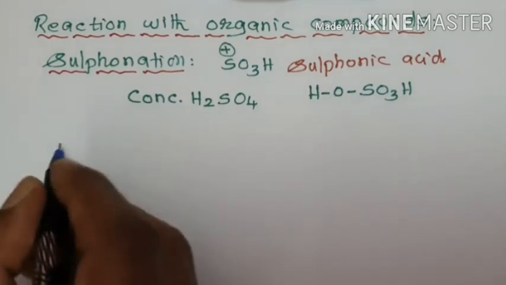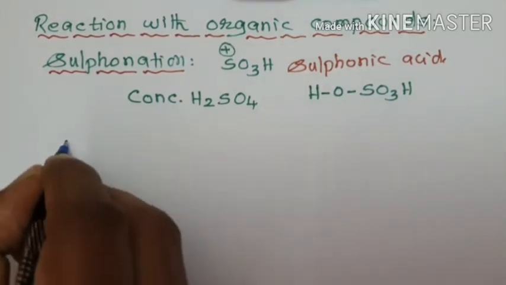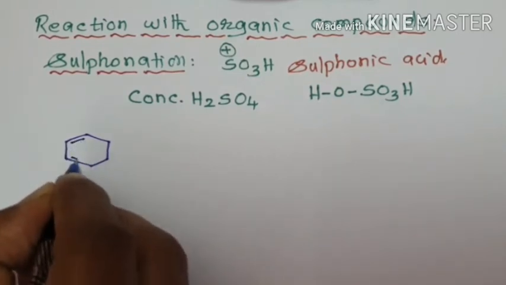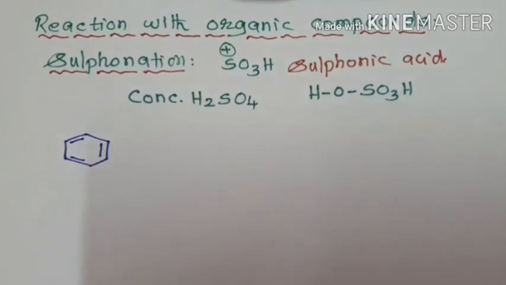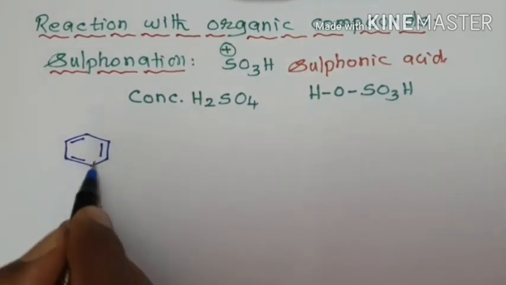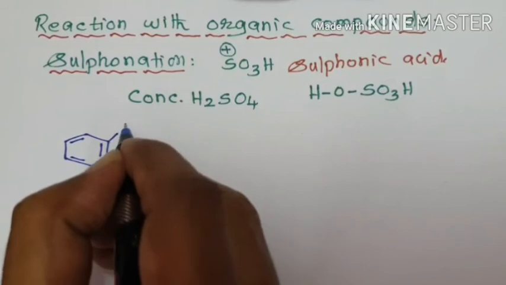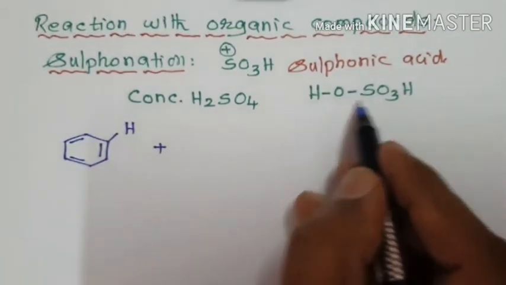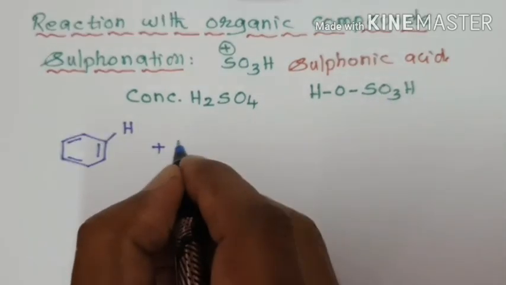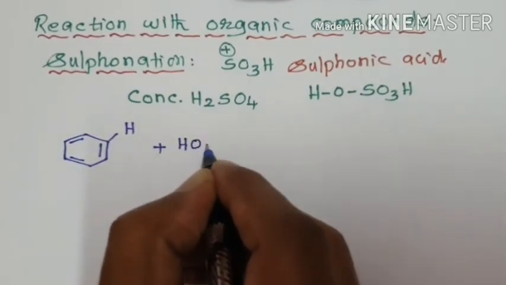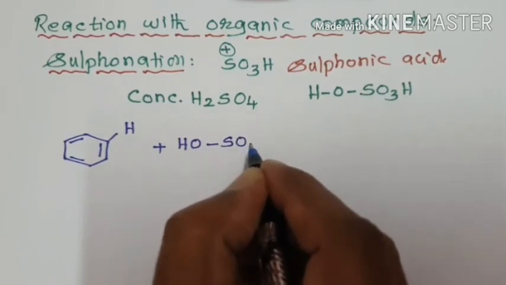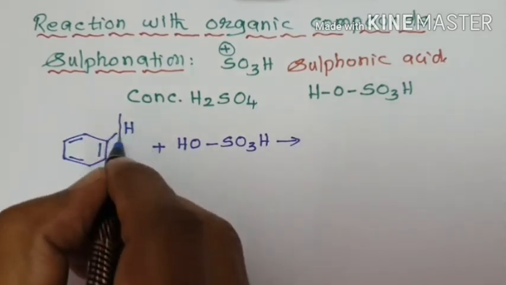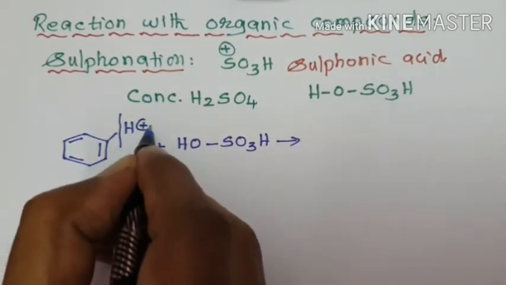In structural form, benzene, C6H6, a benzene ring containing alternate single and double bonds. All the carbon atoms contain one hydrogen; now I separate one hydrogen from one carbon. When treated with concentrated sulfuric acid, HOSO3H, the hydrogen is removed from the benzene ring as H plus.